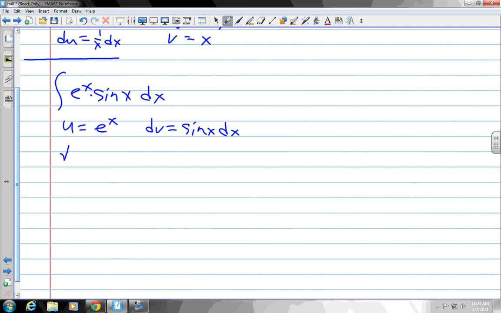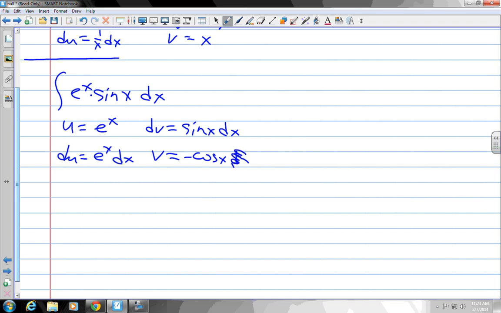So then du is e to the x dx, and v is negative cosine x. Negative cosine x, right?